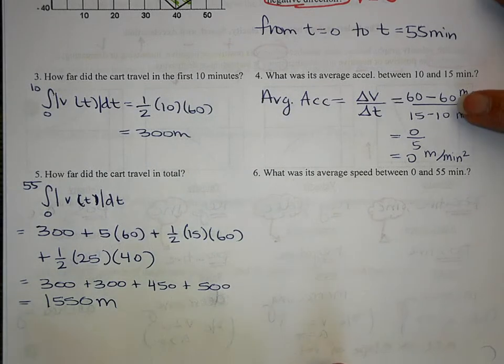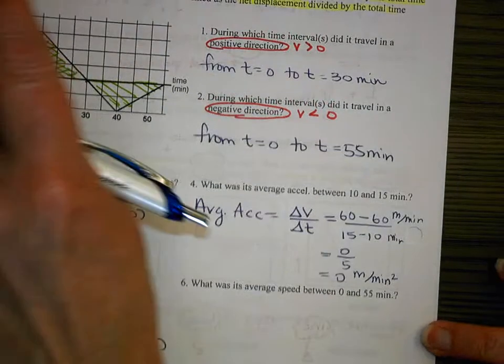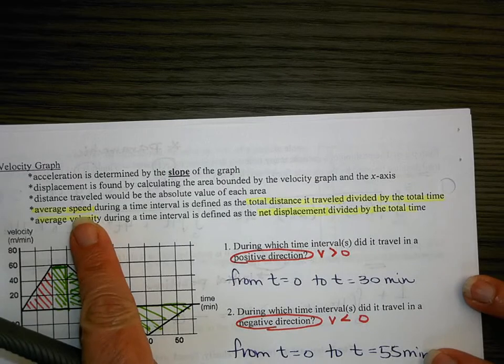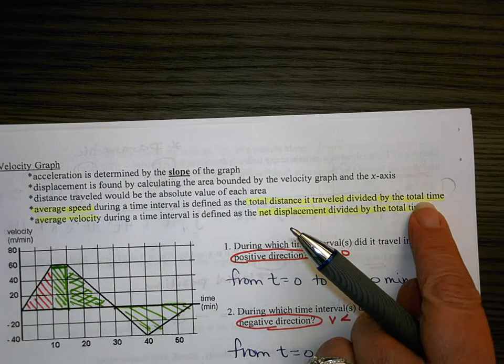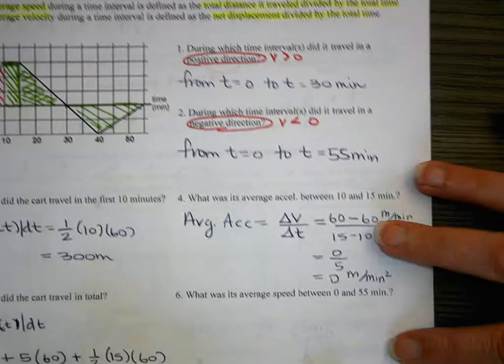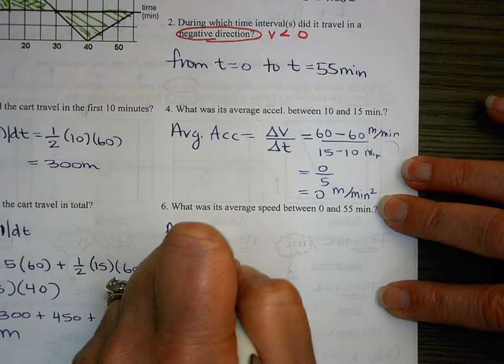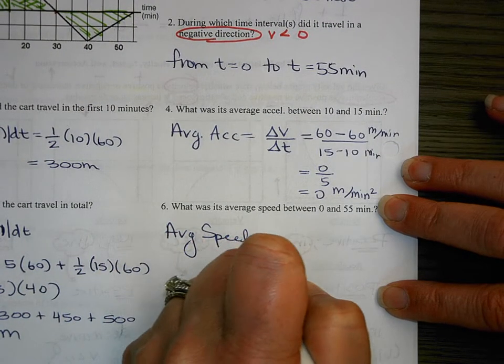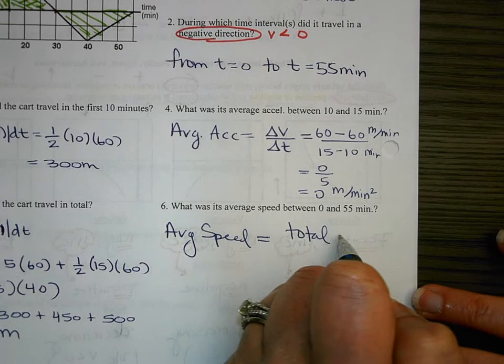All right, and then for question number 6, so what is the average speed? So this is from above, right? So average speed is the total distance traveled, which we just got done calculating, divided by the total time.